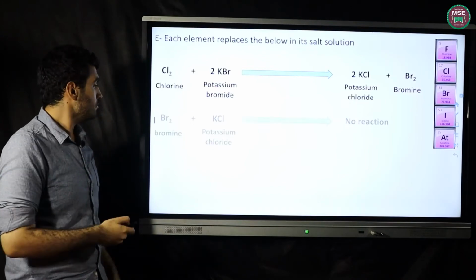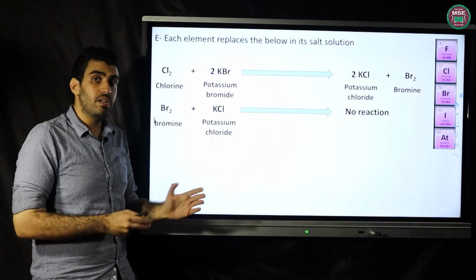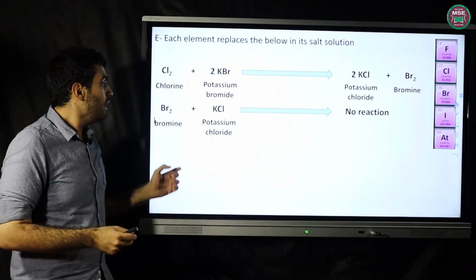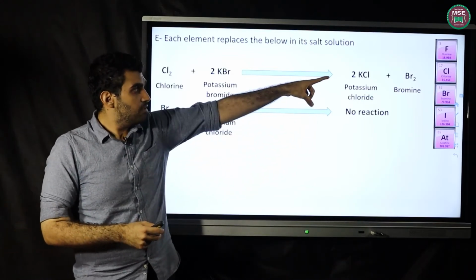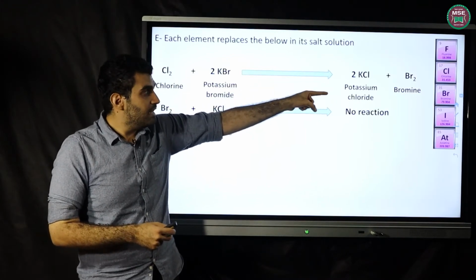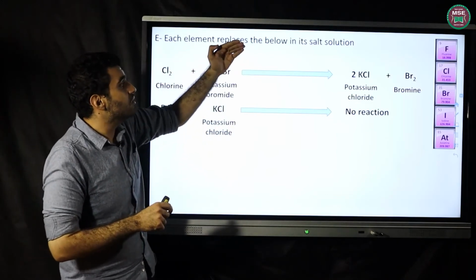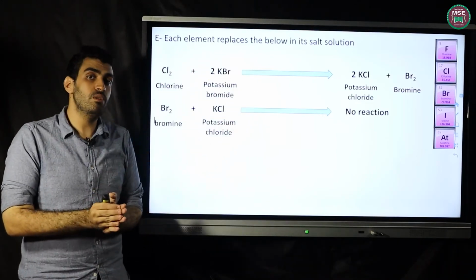Another example, bromine plus KCl, potassium chloride, no reaction. Why no reaction? Let's check. Chlorine is found at the second square and bromine below. Bromine can't replace the upper. Only the element replaces the one below in their salt solution.